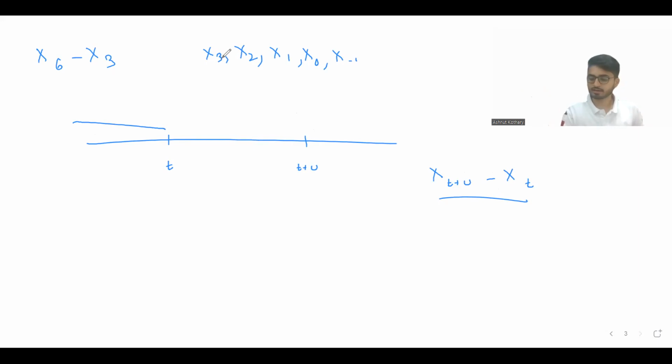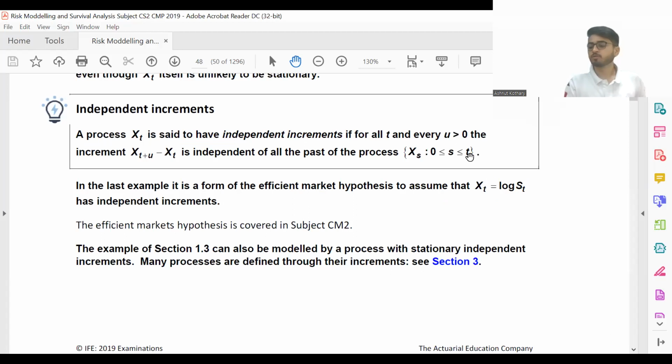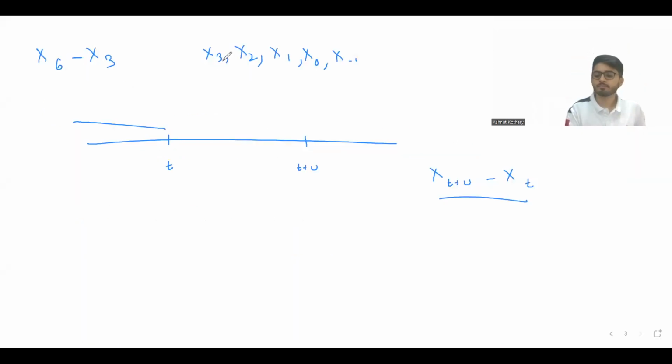If you take a look at the definition, s is less than or equal to t as well. It means that xt plus u minus xt is independent of xt as well. In my example, x6 minus x3 is independent of x3 as well.